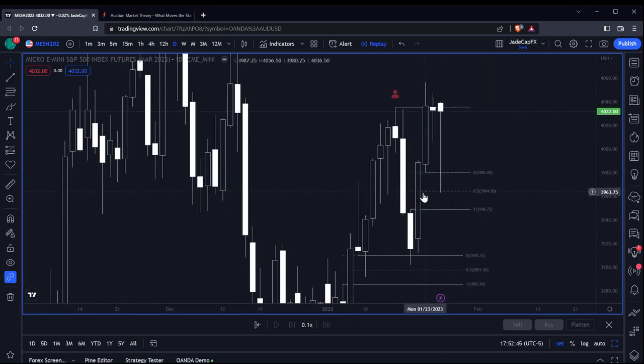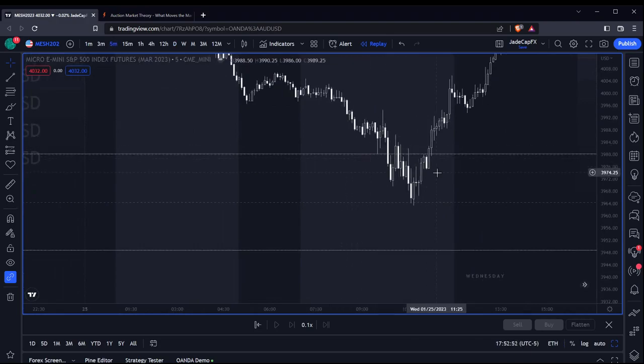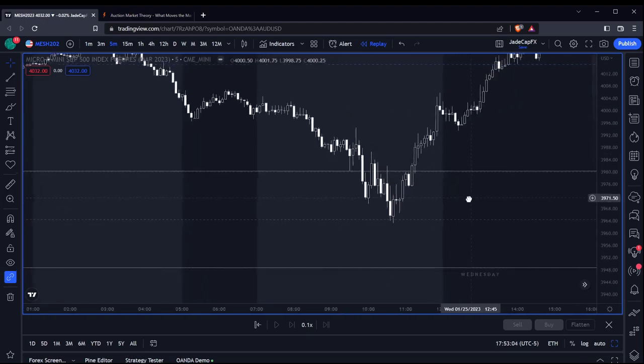That is the equilibrium point of the range. So when I drop down into an intraday chart, I can see these daily levels. We have the premium high, the equilibrium point, and the low end of that imbalance. So what did this do?